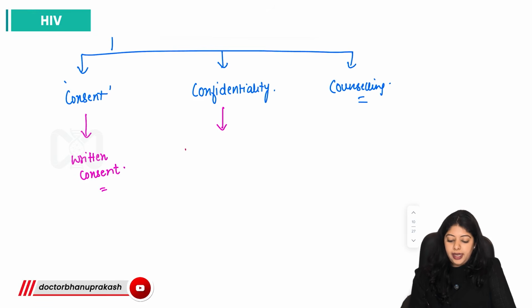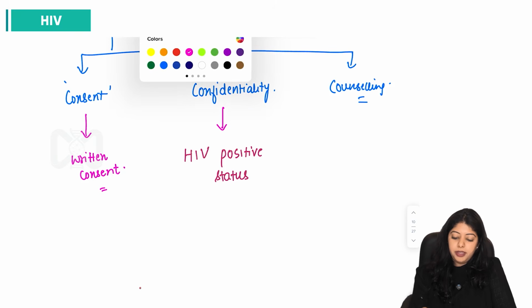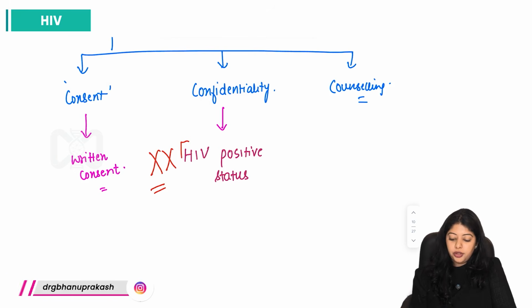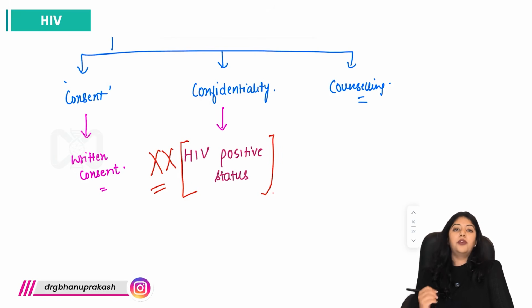Firstly, HIV positive status should never be written. It's a complete no-no. It should never be written on any of the forms which are provided to the patient.